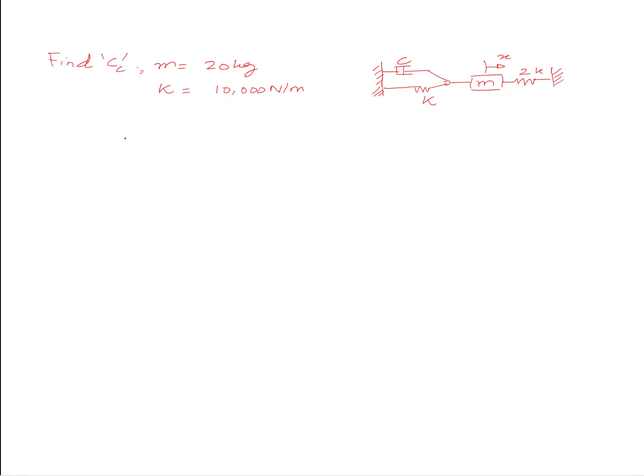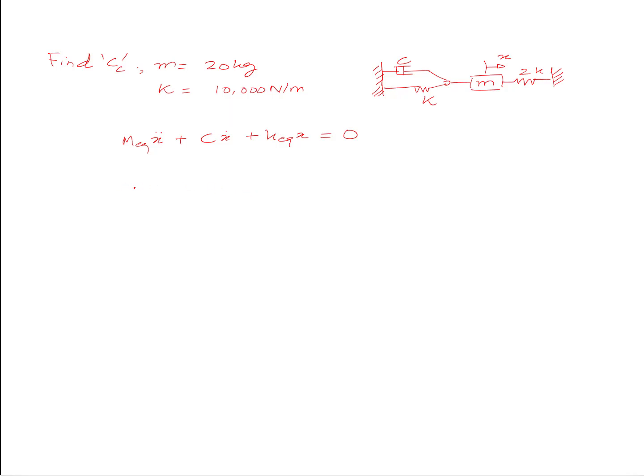That is equal to the equivalent mass of the system, m x double dot, plus c x dot, plus the equivalent stiffness of the system, equals 0, since this is a free system and there is no forcing function applied.